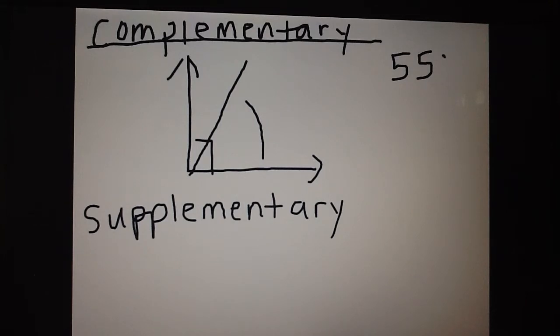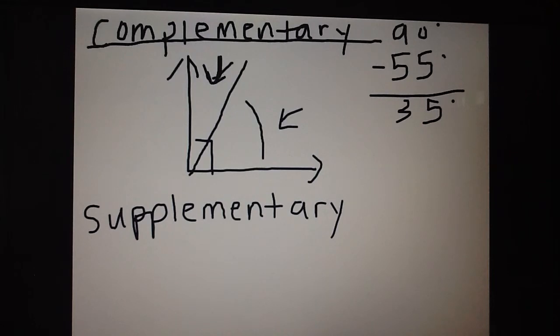So this one's 55 degrees. So that means this one would be what? 55 plus what equals 90? Or 90 minus 55, which is what? 35. So this one here would be equal to 35 degrees. So 55 and 35 equal 90. So that means supplementary is equal to what?